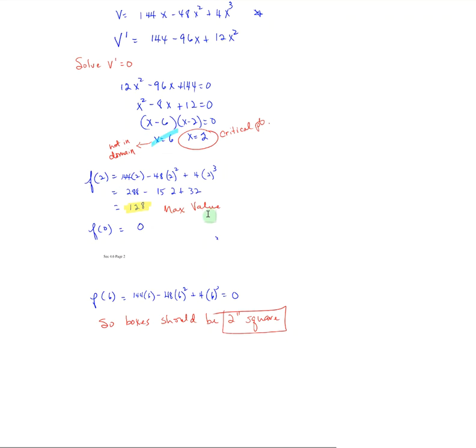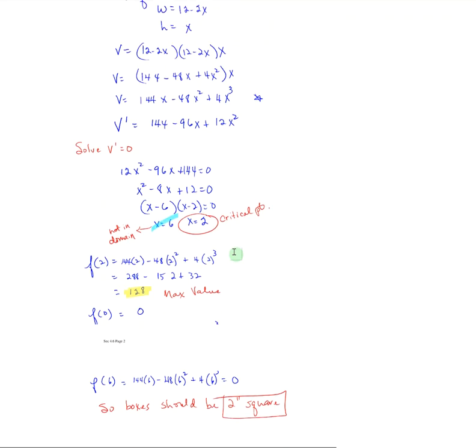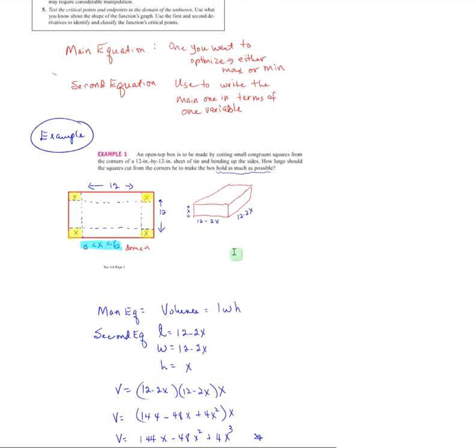And f of 6 would give you 0. I just showed you that. The squares should be 2-inch squares in order to get the max value for the volume, which is 128. In our question, how large should the squares be? We found that the squares should be 2.